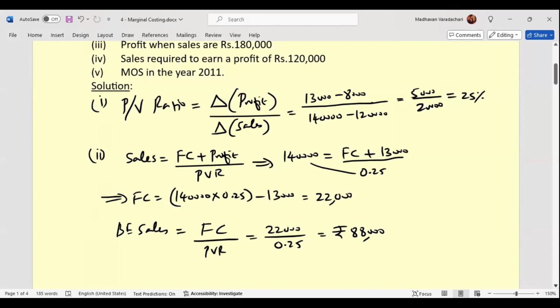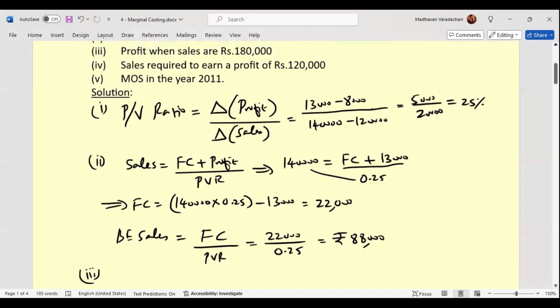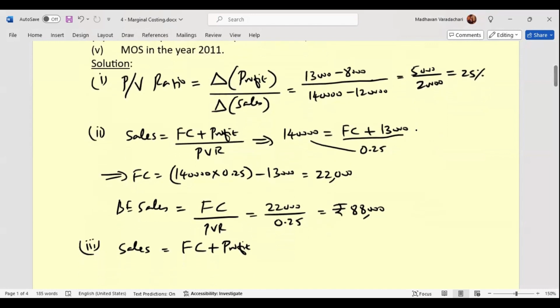Third part of the question. You have to find out what is the profit when sales are rupees 1,80,000. Sales is equal to same formula, fixed cost plus profit divided by PV ratio. Sales is given in this as 1,80,000.